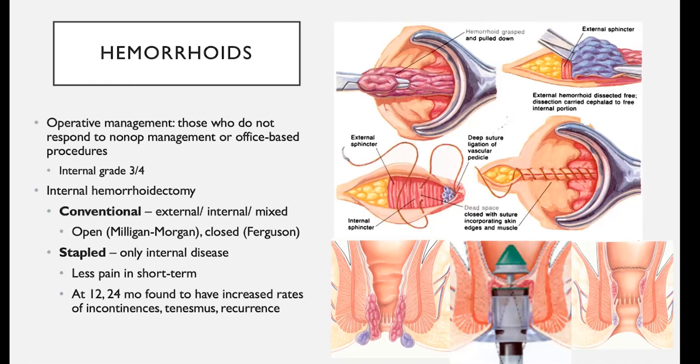This is only done for internal disease, whereas conventional hemorrhoidectomy can also be done for external. Stapled hemorrhoidectomy has been associated with less pain than the conventional type, but overall does have increased rates of incontinence, tenesmus, and recurrence in the long term than conventional hemorrhoidectomy. So typically it's not the first line.